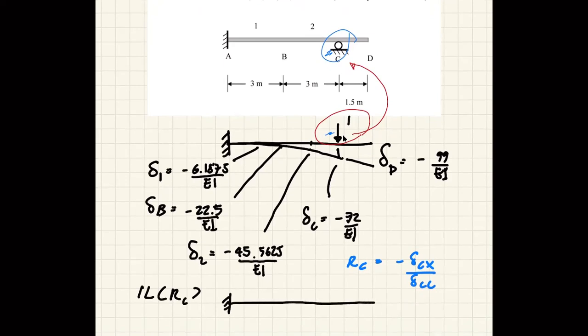And you must notice one thing, that the unit load is right here at C. The unit load is at C, so the portion CD has no load. If you want to really become a true engineer, you must know that this portion is straight.